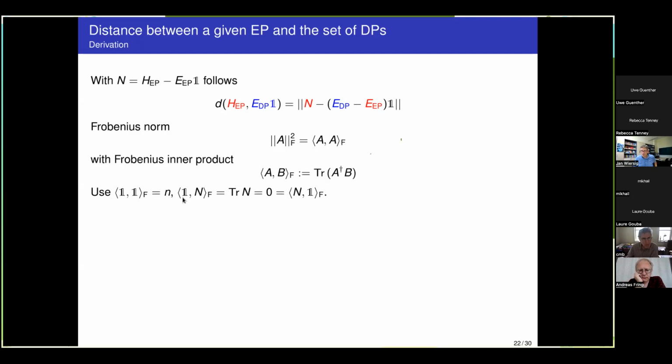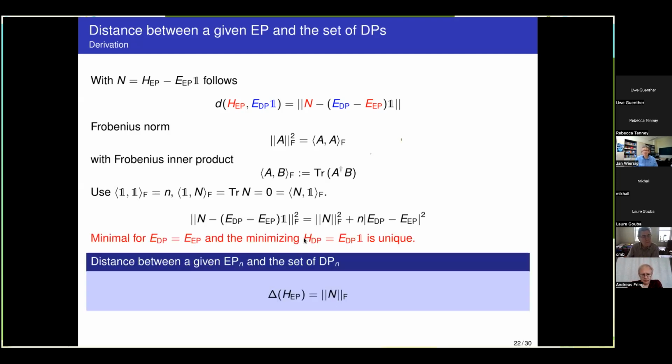The scalar product of the identity with n is nothing else than the trace of n, and this is 0 because n is a nilpotent matrix. The trace of any nilpotent matrix is 0, and the same holds for this scalar product. If you use these equations, then with the Frobenius inner product we can write this distance here. I have squared it, it's simpler. We get just these two terms.